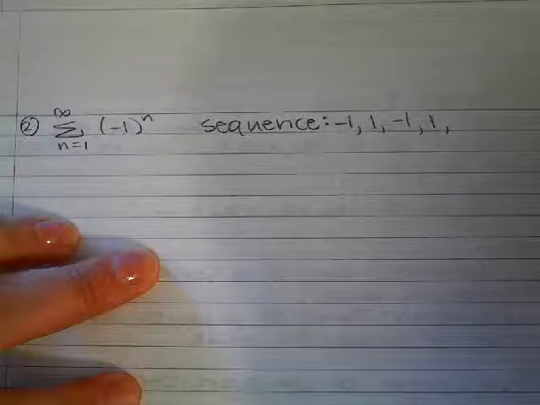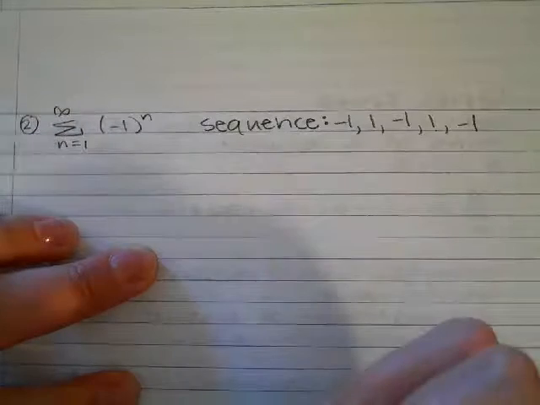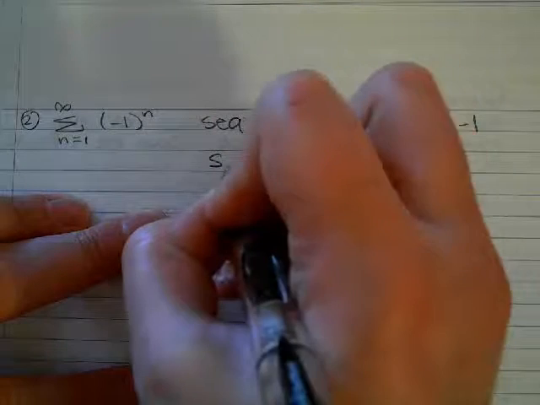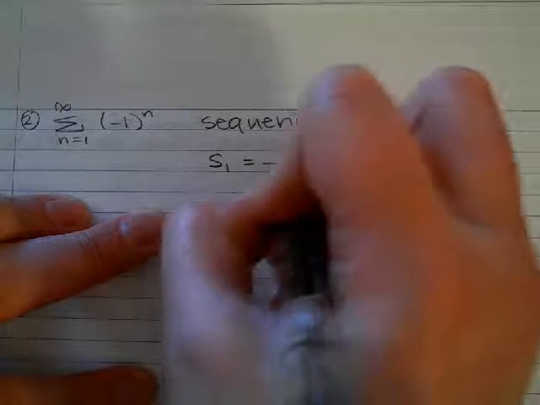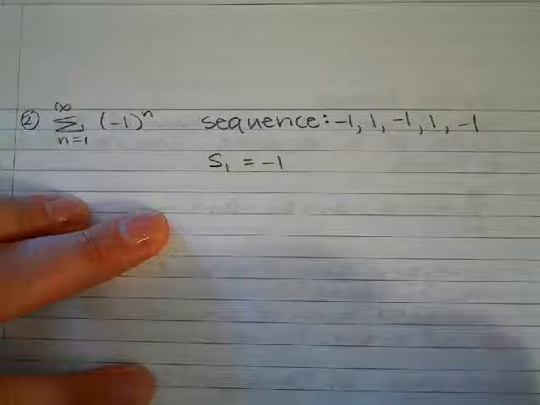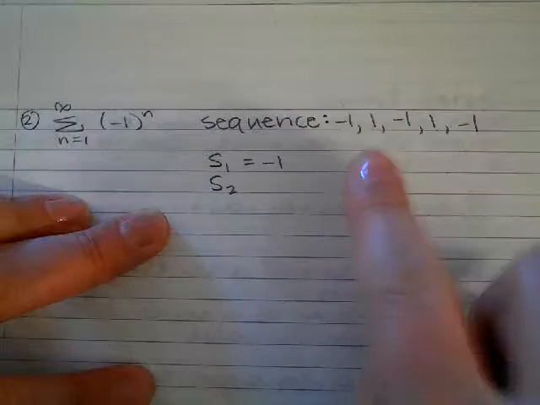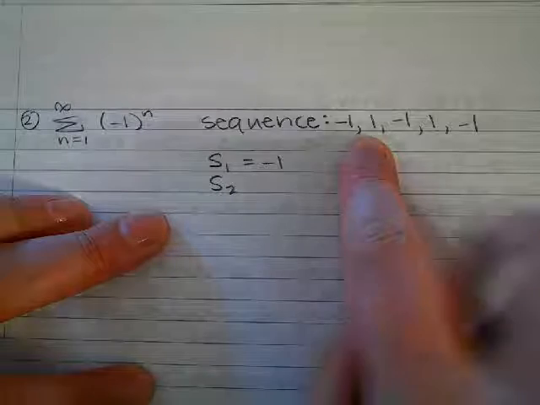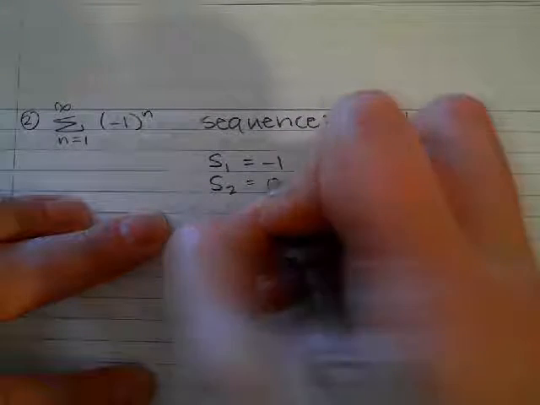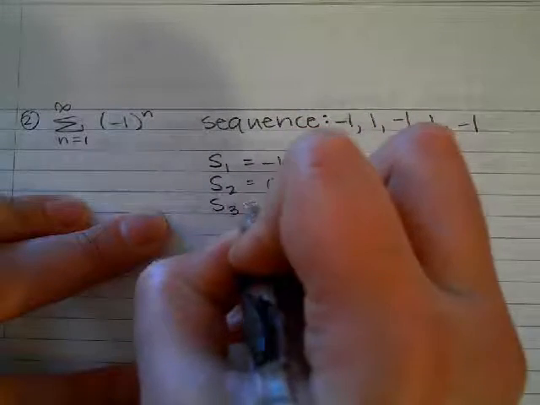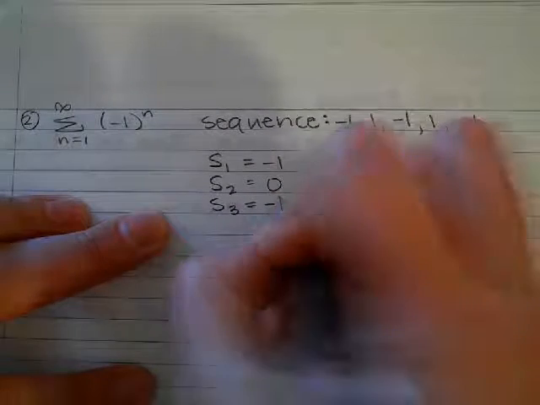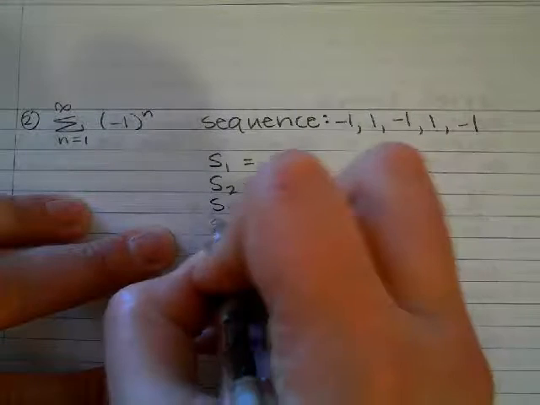So the sum of just the first term would be negative 1. What's the sum of the first two terms? Negative 1 plus 1 is 0. What's the sum of the first three terms? Negative 1. Okay. What's the sum of the first four terms? 0.